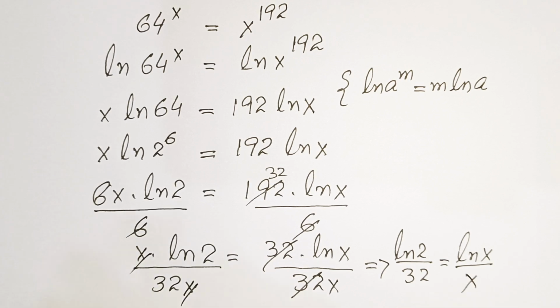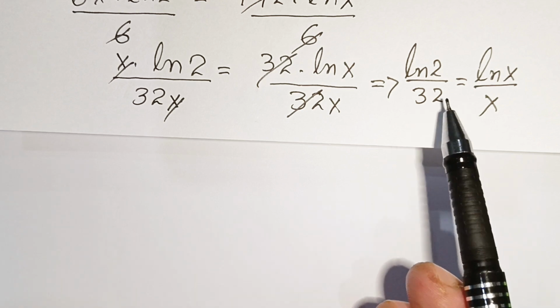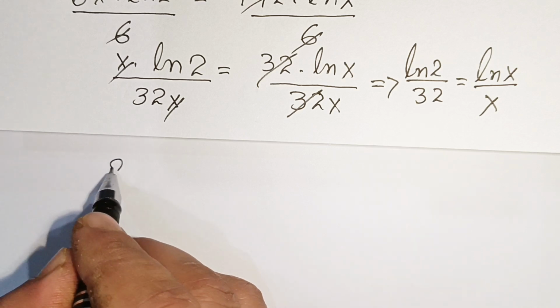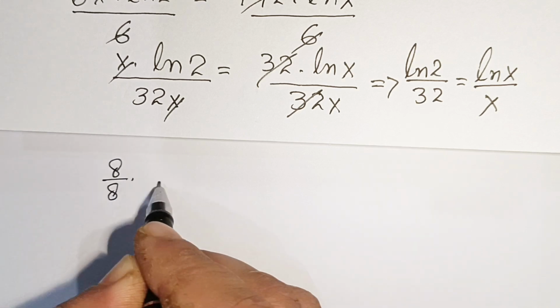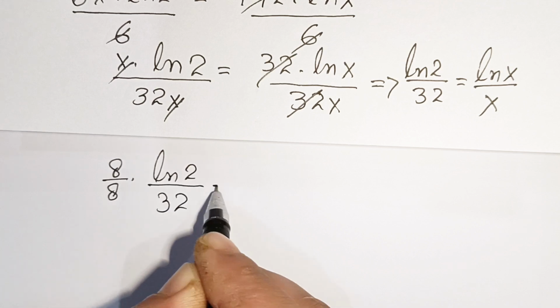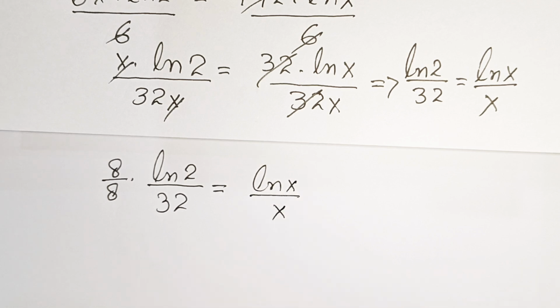Now our next step will be, here if we just multiply and divide by 8 on our left hand side, then we have 8 over 8 times natural log of 2 over 32 is equal to natural log of x over x.